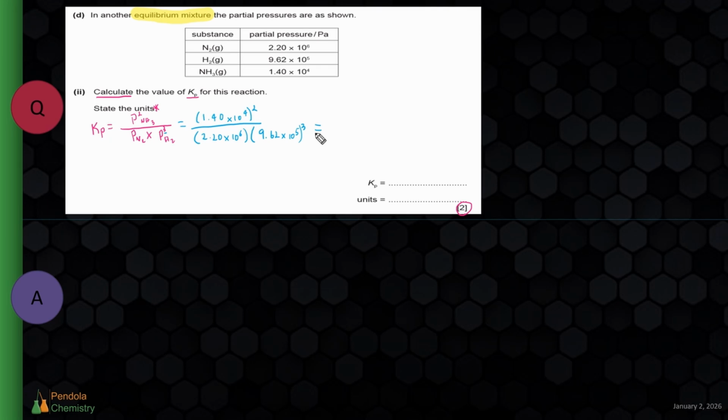So we'll do 1.4 times 10 to the fourth power squared, divided by 9.62 times 10 to the fifth power to the third power, times 2.2 times 10 to the sixth power.